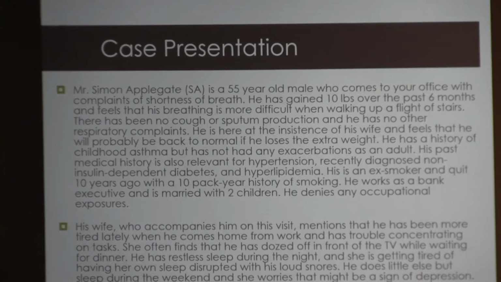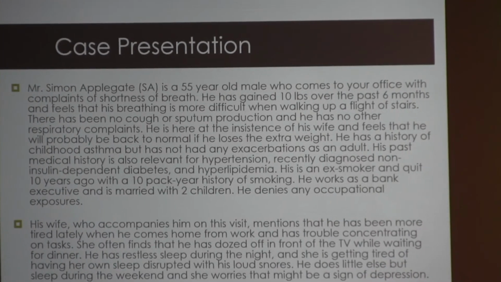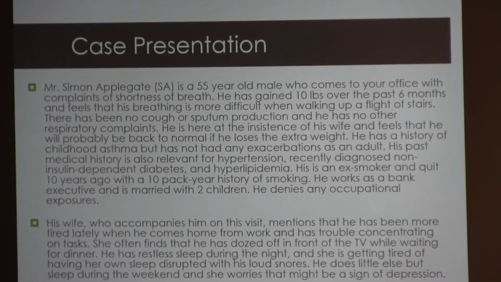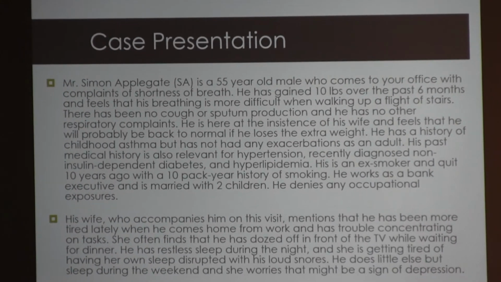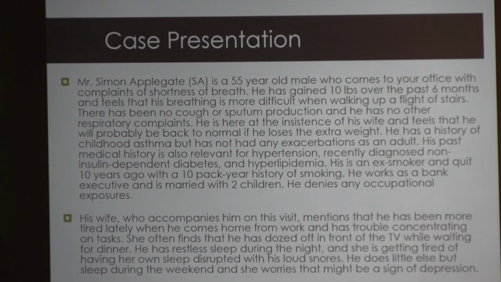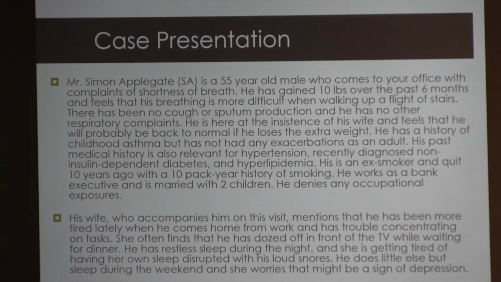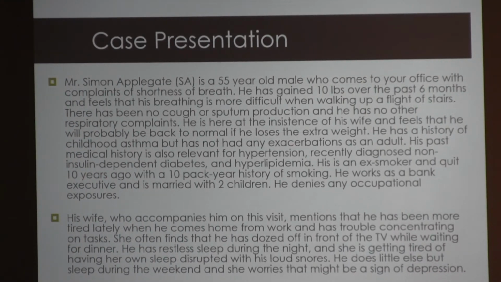He has a history of childhood asthma, hasn't had any exacerbations as an adult. His past medical history is also relevant for hypertension, recently diagnosed insulin-dependent diabetes, and hyperlipidemia. He's an ex-smoker, has a 10-pack-year history, works as a banker and executive, so pretty sedentary lifestyle, and is married with 2 kids.